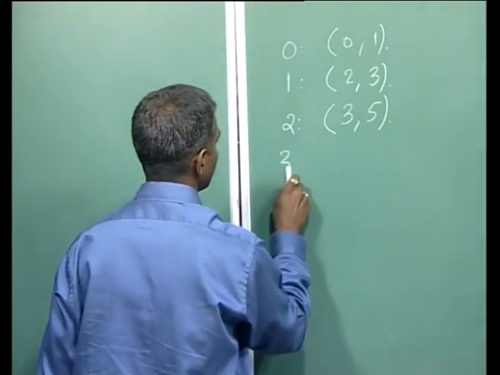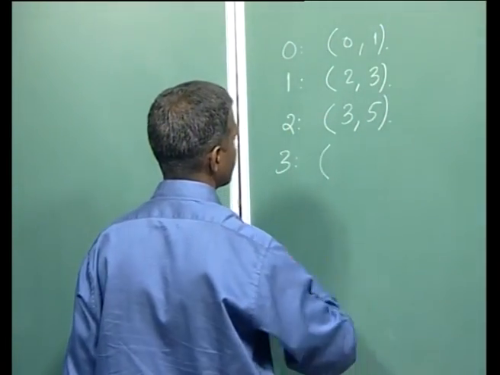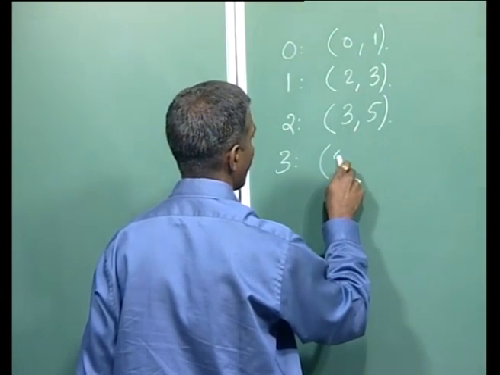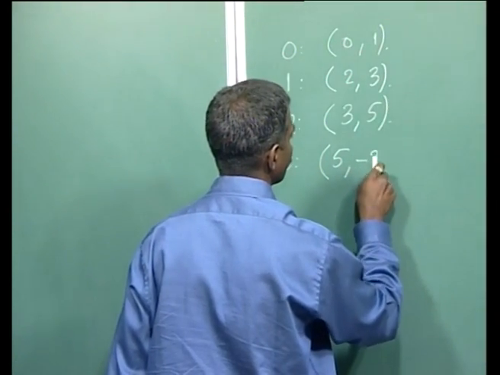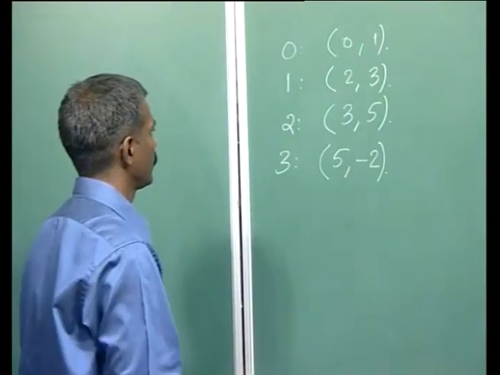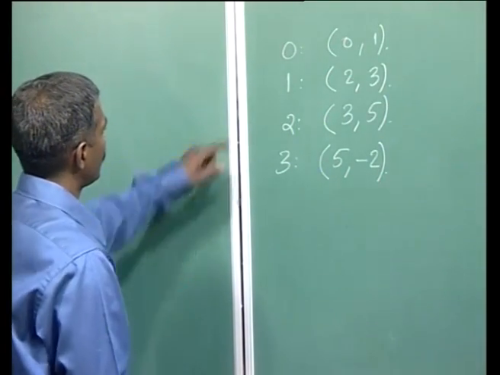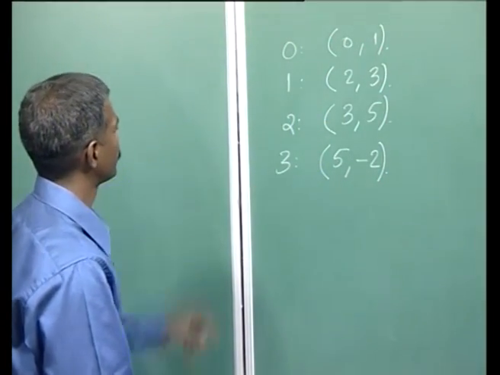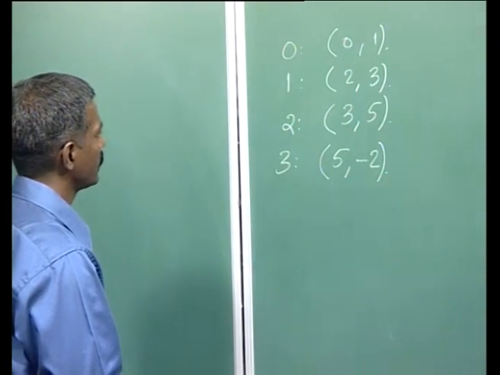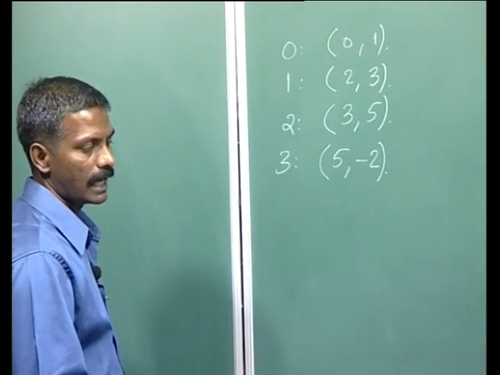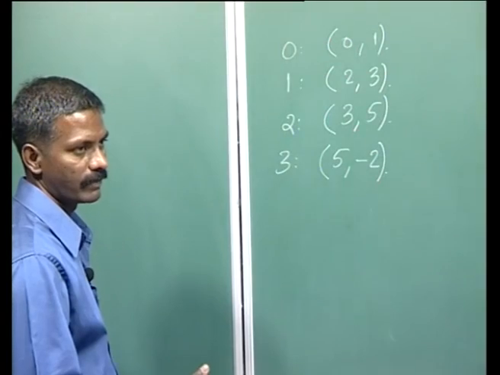And the third data point here is, let's say, 5, minus 2. I'll have these 4 data points. Correspondingly, I would be able to compute up till the third divided difference.